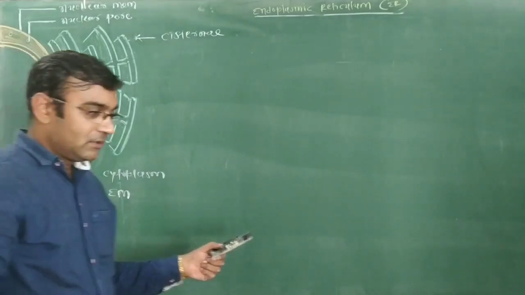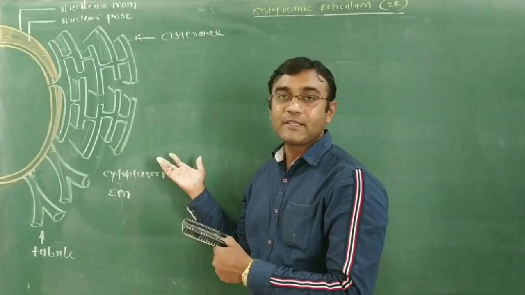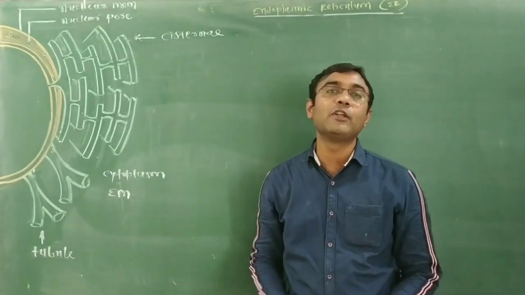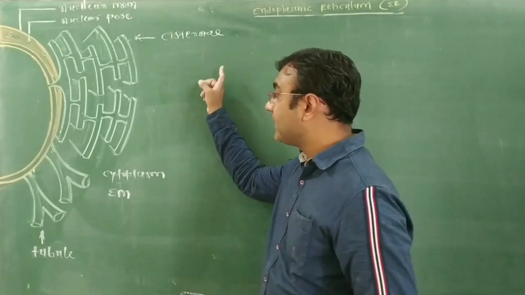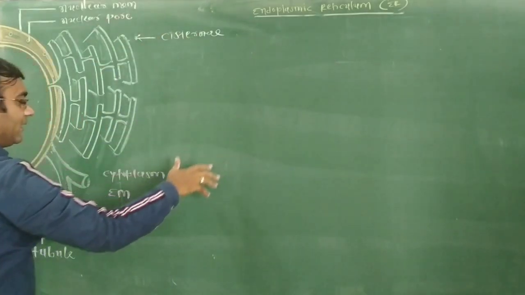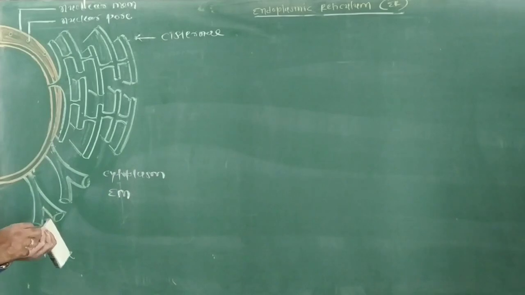This endoplasmic reticulum divides the cell portion inside, that is, the intracellular space. The endoplasmic reticulum divides the entire intracellular space into two compartments.